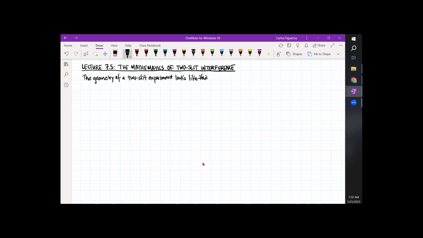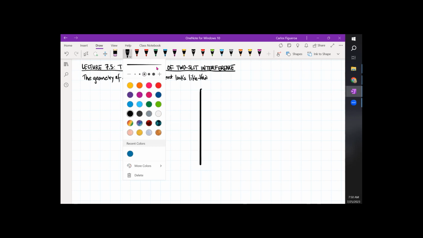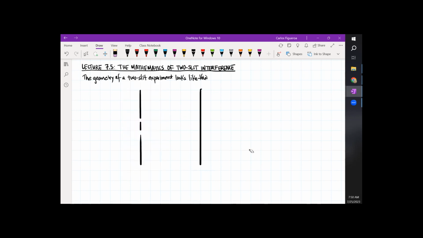I'm going to have my slits, and then I'm going to have my screen. And of course, I have my central line. In fact, I think I'm going to copy this for later on. So I'm going to draw a dashed line here.